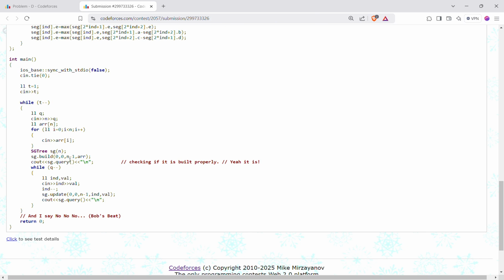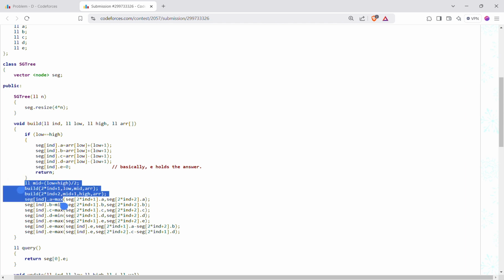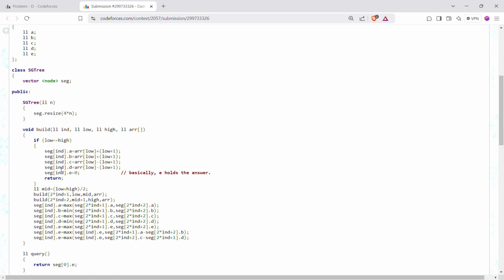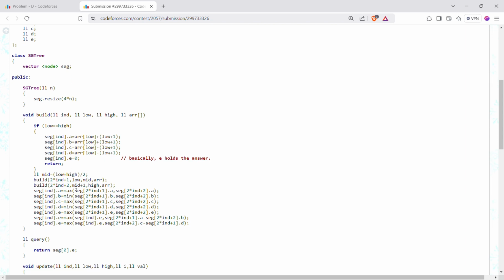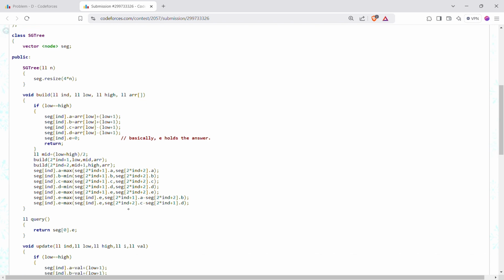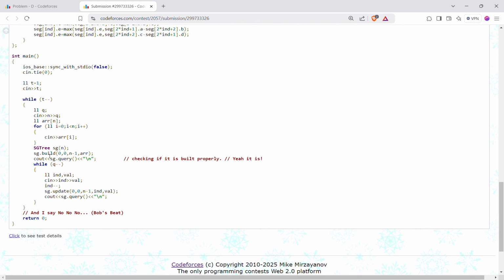So you won't need more than 4 star n nodes if you have n elements in your array. Then building our segment tree. Fairly simple code, self-explanatory as well, because I have explained to you how to build it. You can go through all of these statements, they are pretty easy to follow. Before any queries, we have to query the segment tree.